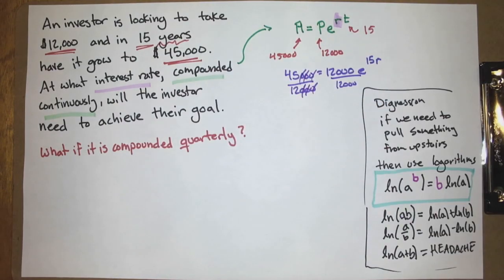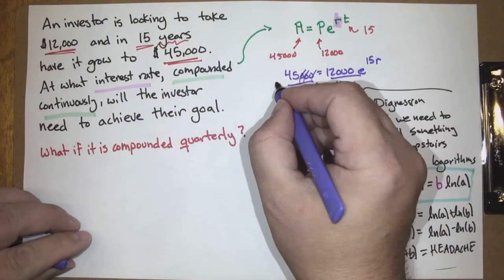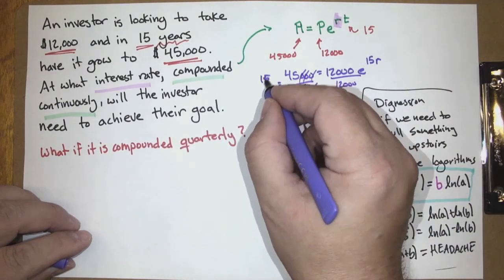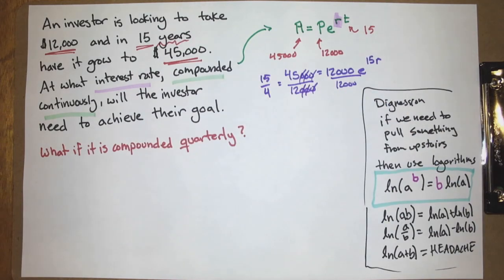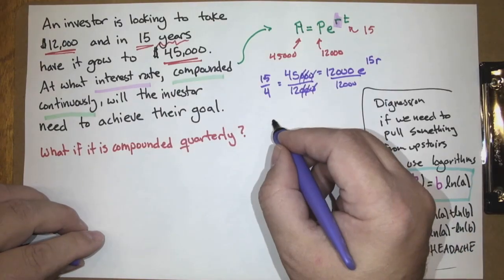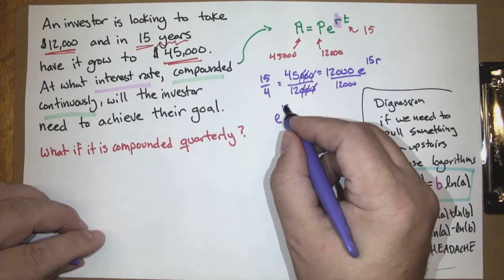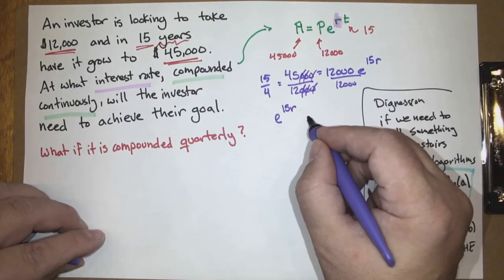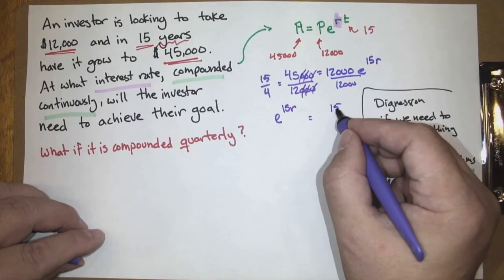We can even simplify it a little bit further. 45 and 12 both have a factor of 3. So we could say that this is the same as 15 over 4, or 3.75 if we were so inclined. All right, so we now have e to the 15r is equal to 15 over 4.